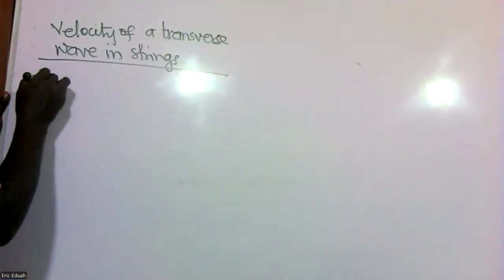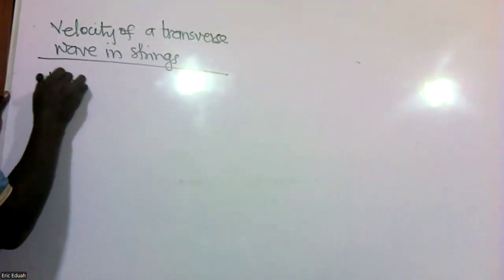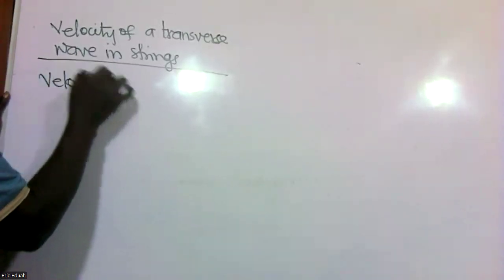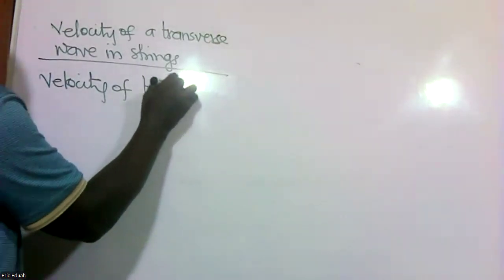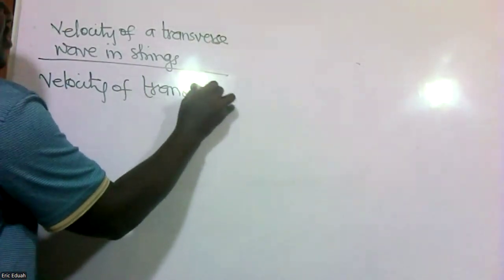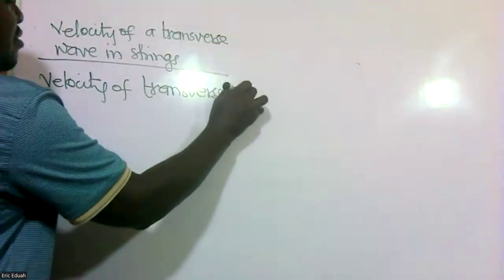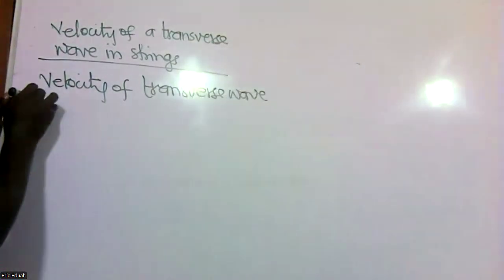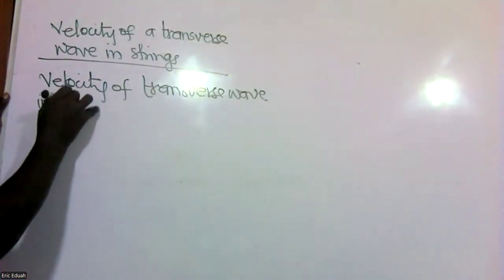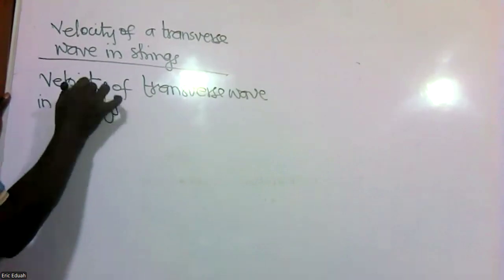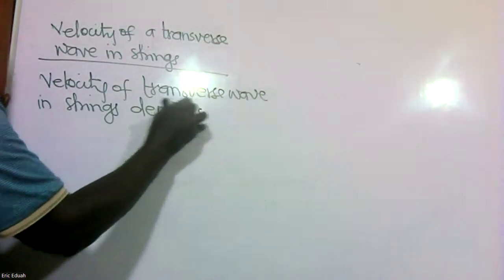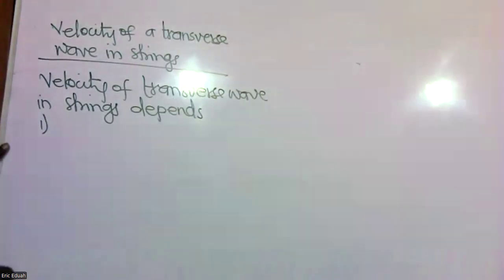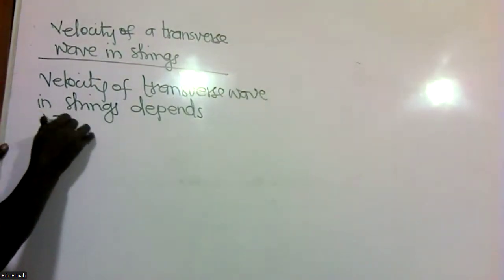So velocity of a transverse wave in strings depends on, one, the tension in the string.